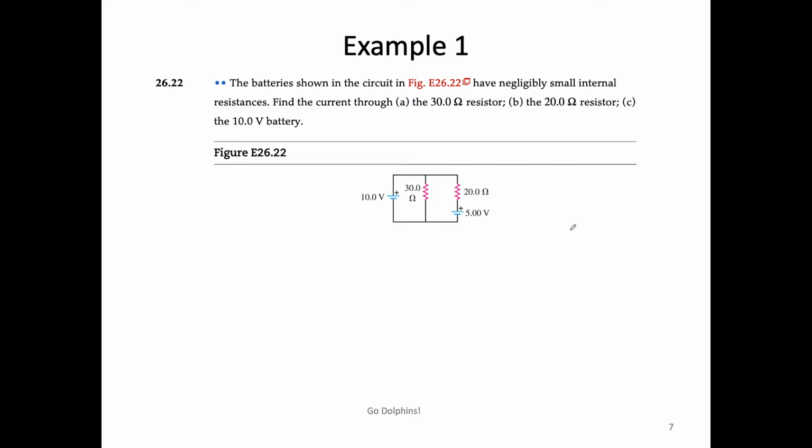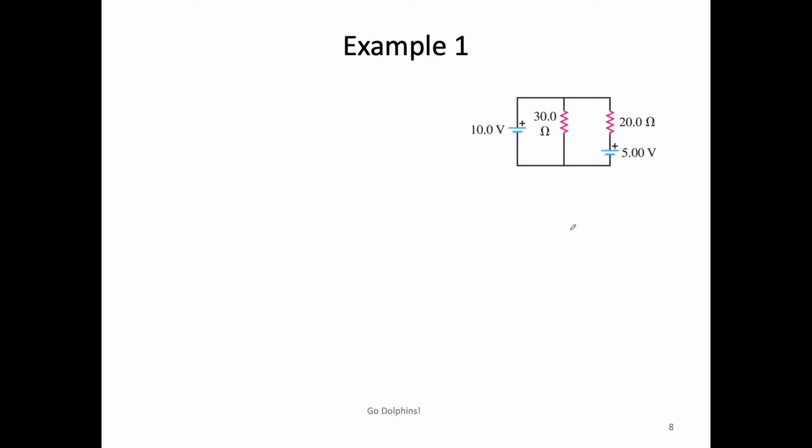Okay, let's do one example. We have two batteries and two resistors connected like this. We want to find the current going through all the resistors and the current going through the 10-volt battery.